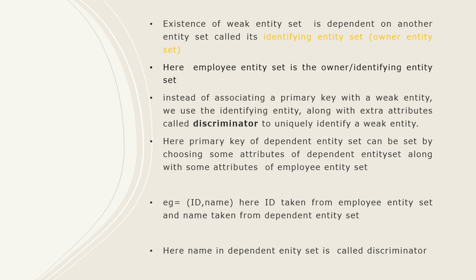So in our example, the dependent entity set, which was a weak entity set, completely depends on employee, the strong entity set. So this employee entity set is called the identifying entity set, which is also called the owner entity set.